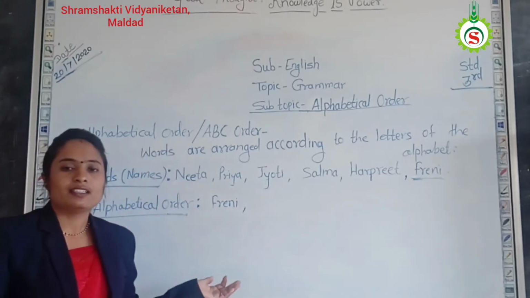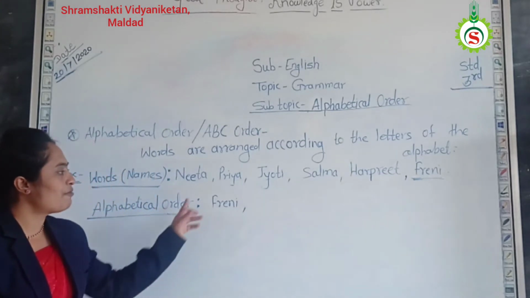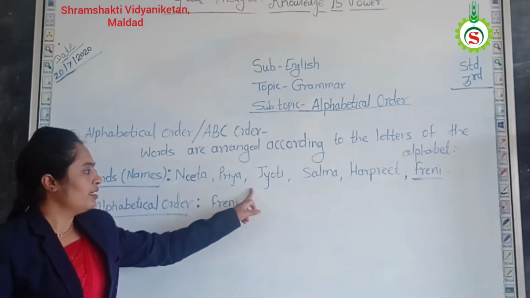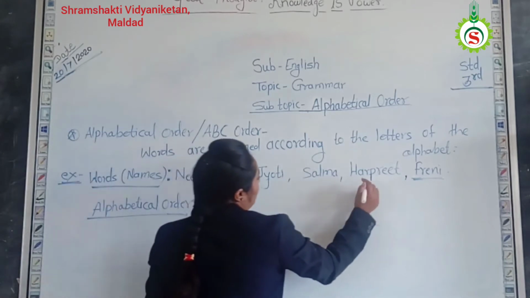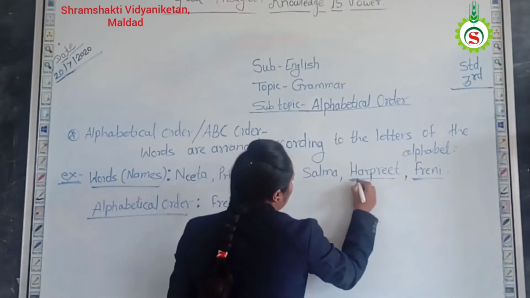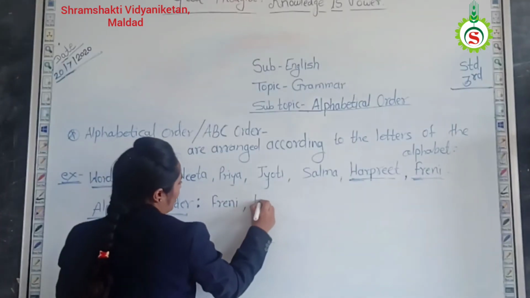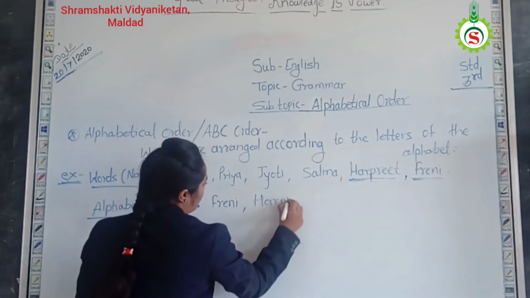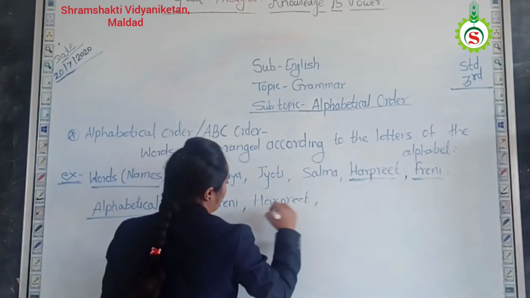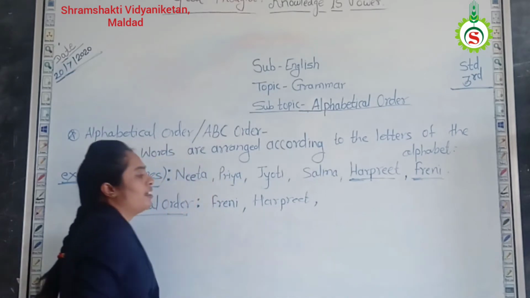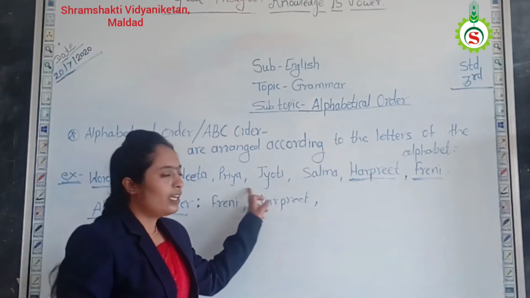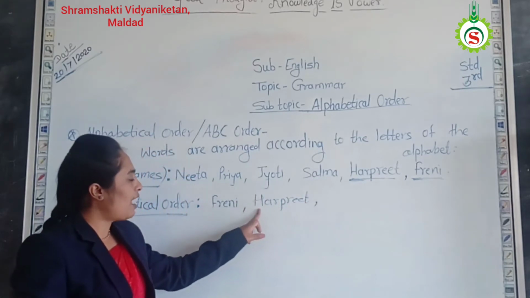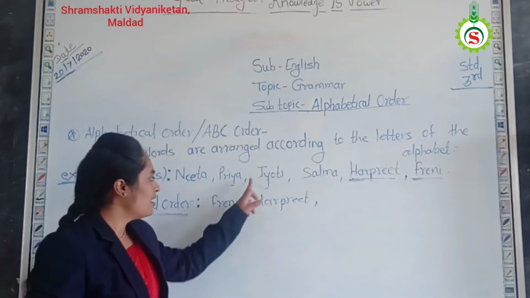After F, G. Which word starts from G? No. H, Harpreet. The word Harpreet starts from H. After H, I. No one starts from I. J, Jyoti.